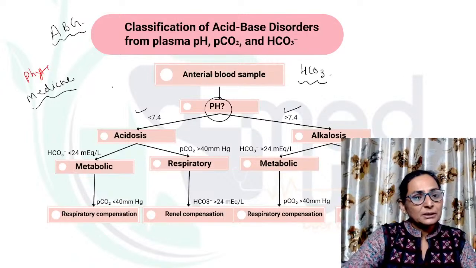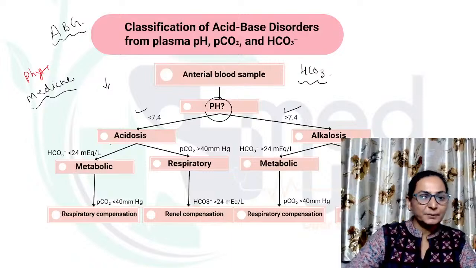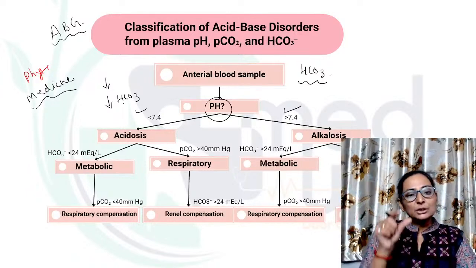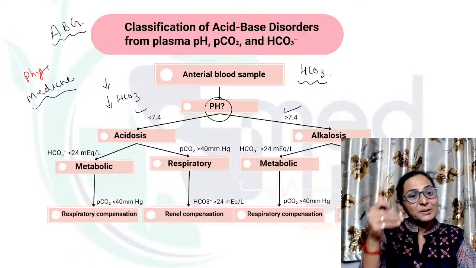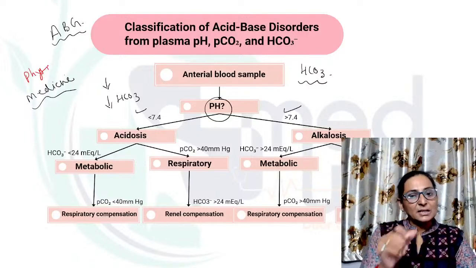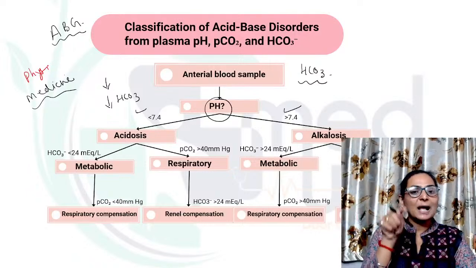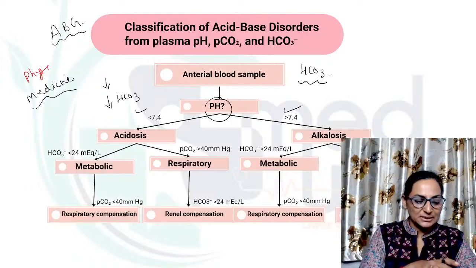So if the decrease in the H plus ions, that means an acidic pH, is going along with decrease in bicarbonates, इसका मतलब जो pH का direction है and जो H plus ions का direction है less, it is going along with decrease in bicarbonate, दोनों का arrow mark एक ही direction में है, so it is metabolic acidosis.